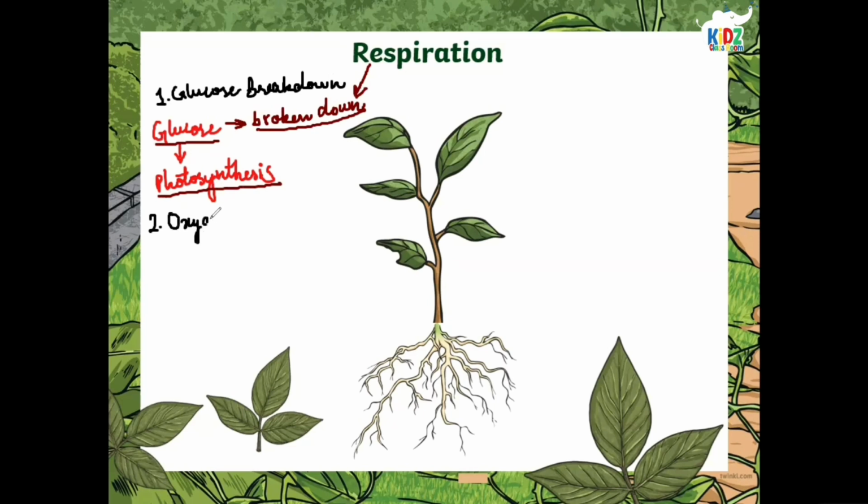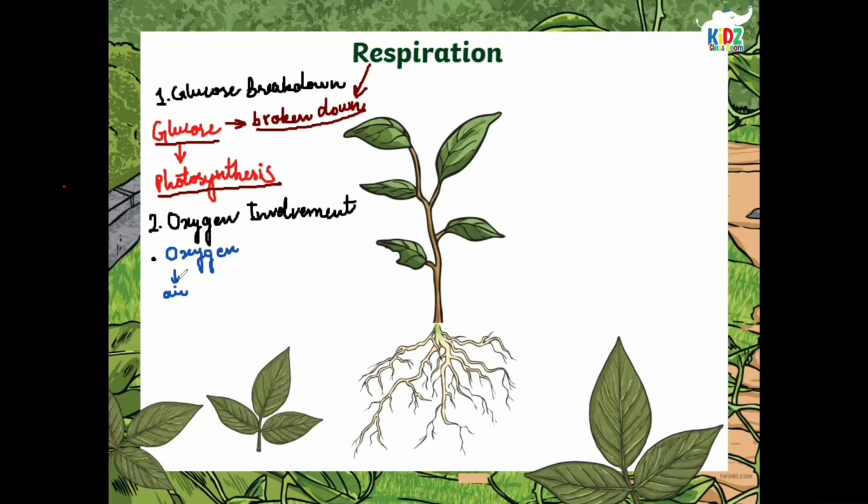The involvement of oxygen. Where do we get oxygen from? Oxygen from the air enters the plant through tiny openings called stomata. We learned about stomata before. They're the tiny openings, and guard cells control the opening of stomata.